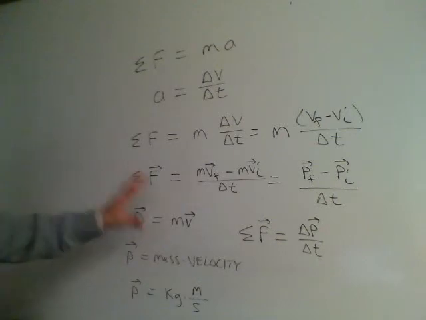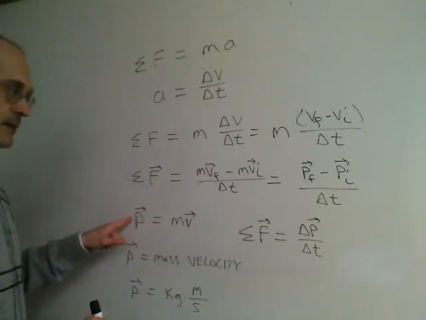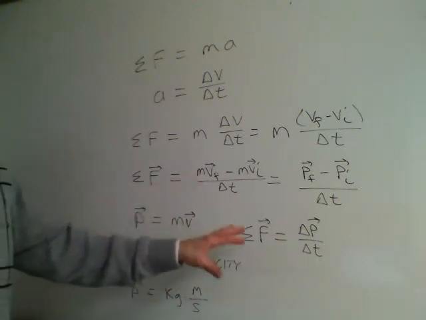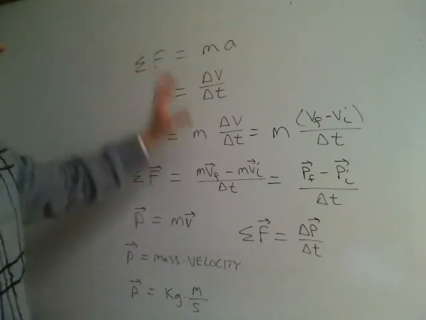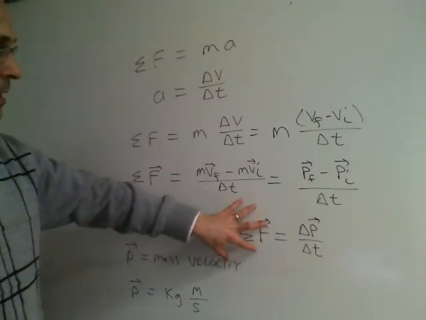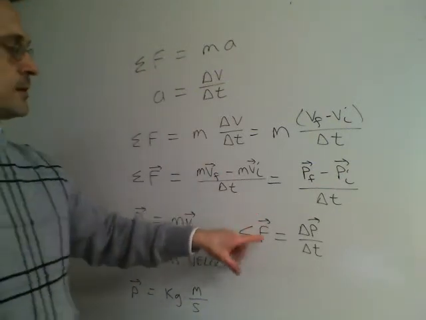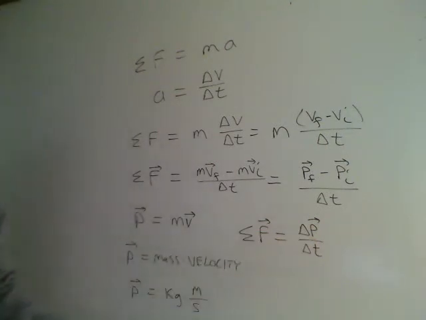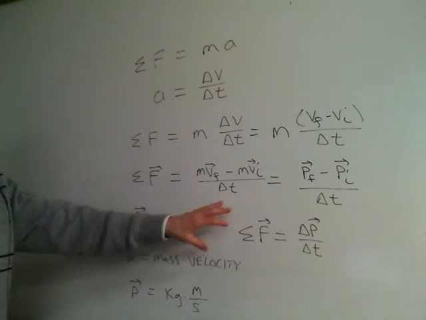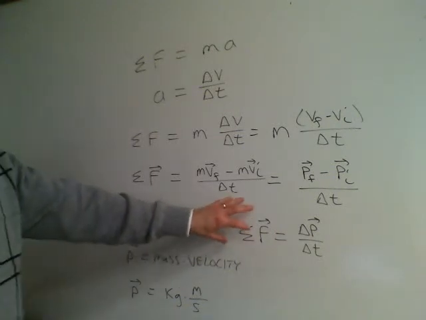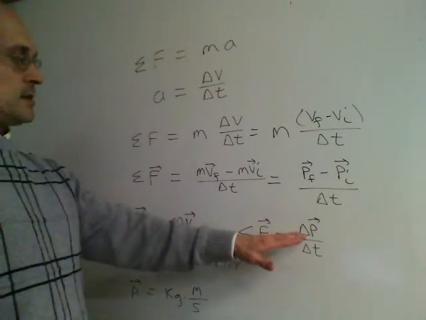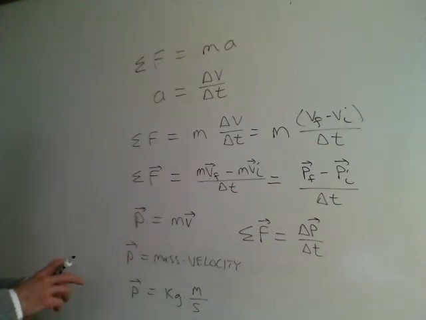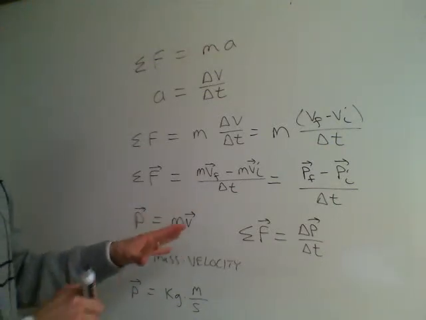It's just mass times velocity, and it is a vector quantity. Another way to think about Newton's second law is that the sum of the forces on your object equals the rate of change of the momentum. We're going to explore this idea with a bunch of different scenarios in some other videos.